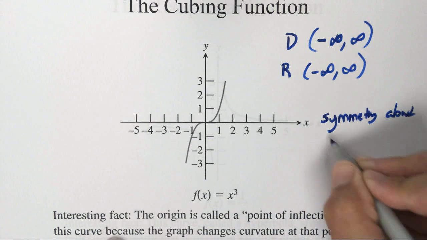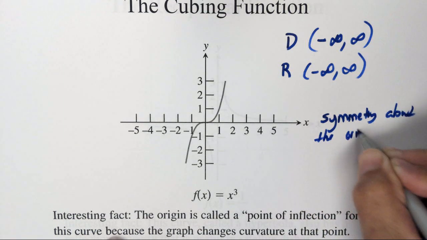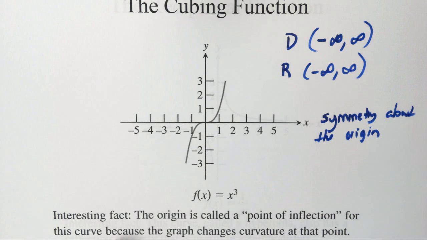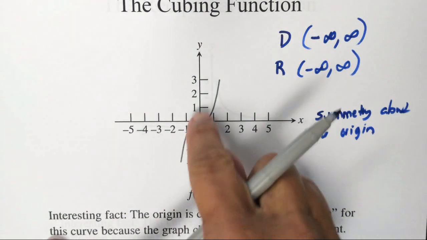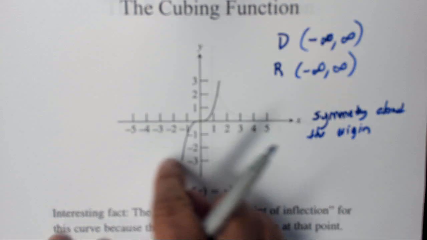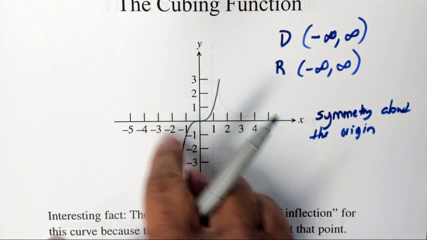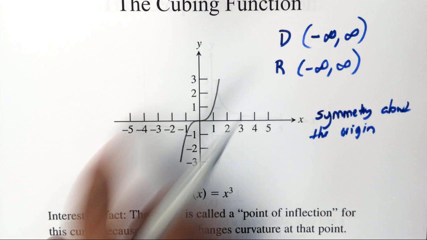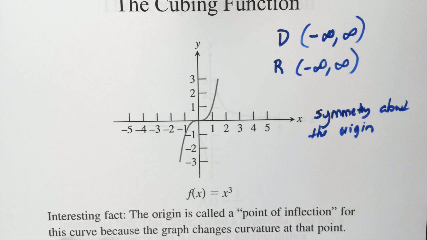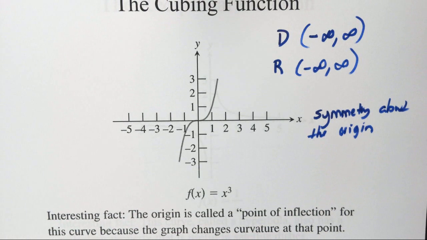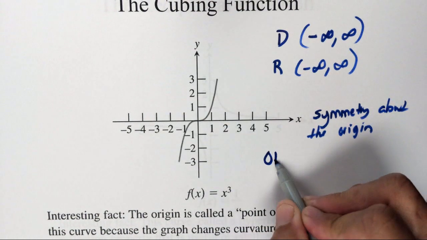Symmetry about the origin. And is symmetry about the origin like a 180-degree reflection? Like rotation. If I turn this 180 degrees, would I end up with the same thing? Okay? So when it has symmetry about the origin, then it is called a what? Odd function.